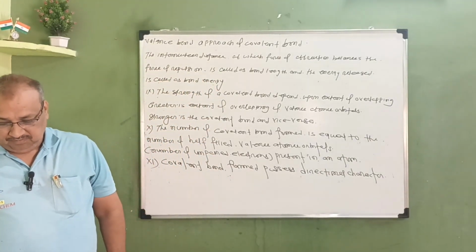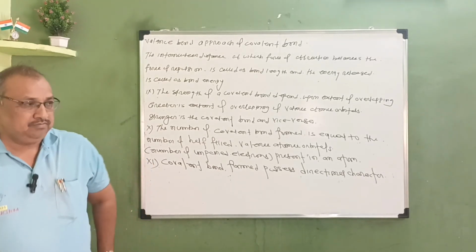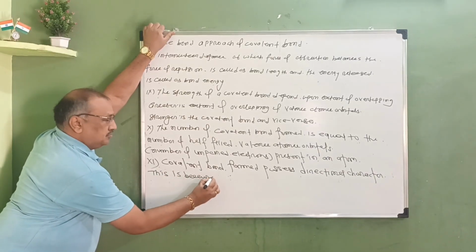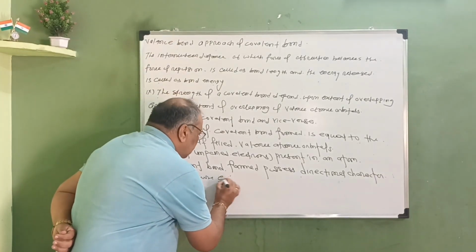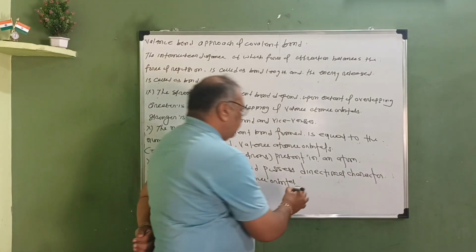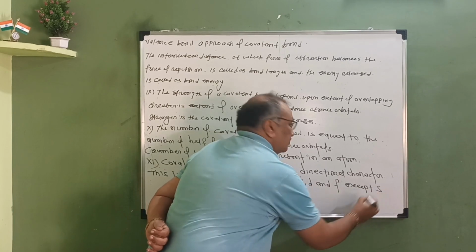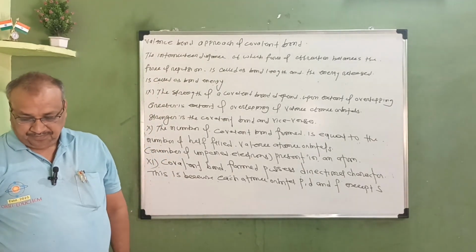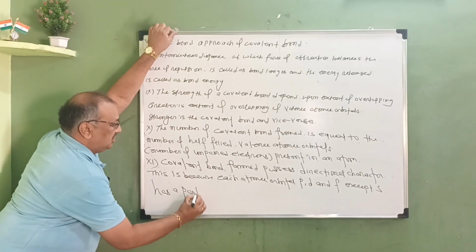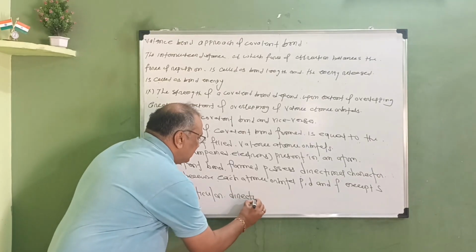This is because each atomic orbital, p, d and f except s, has a particular direction in space.